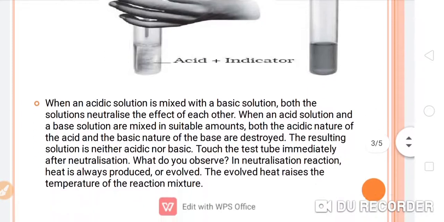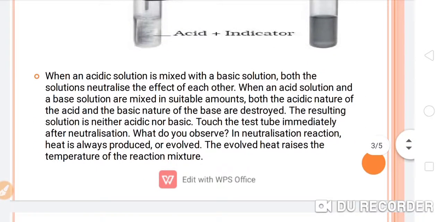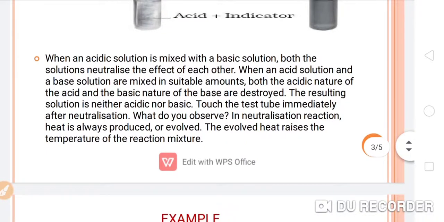Now when an acidic solution is mixed with a basic solution, both neutralize the effect of each other. When acid and base solutions are mixed in suitable amounts, both the acidic nature of the acid and the basic nature of the base are destroyed, cancelling each other's effects.